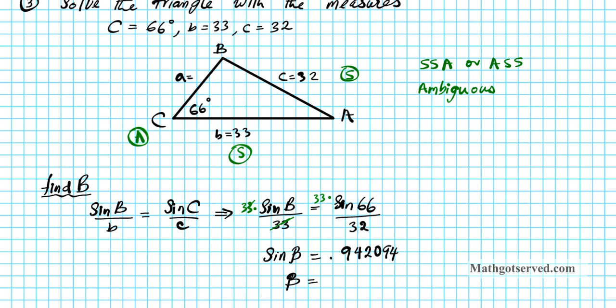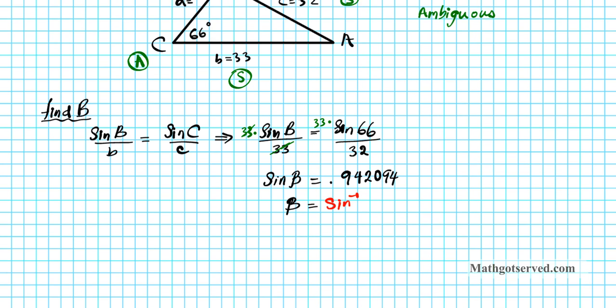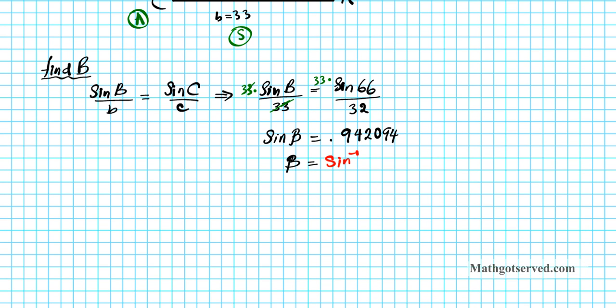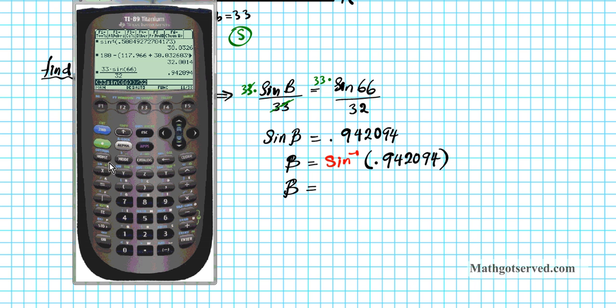So that's going to yield the inverse sine of the result we got before, which is 0.94294. Okay, so angle B is going to be, compute what that is, inverse sine of the result.